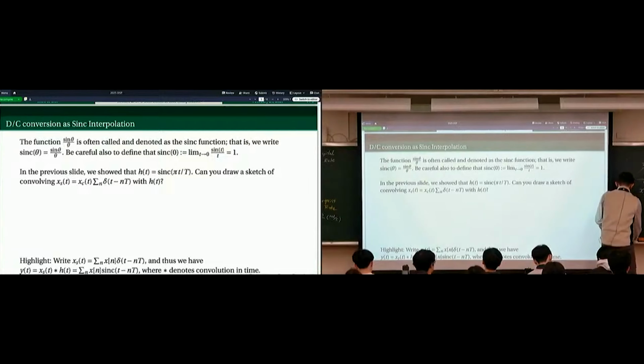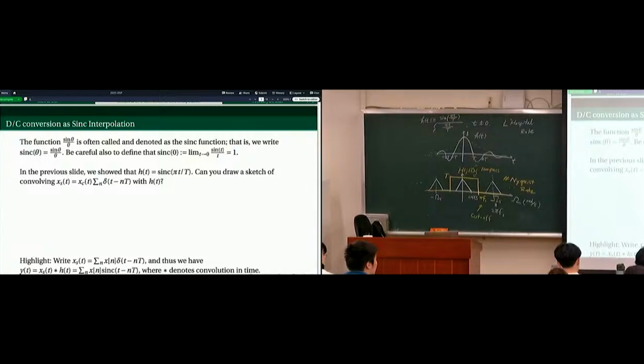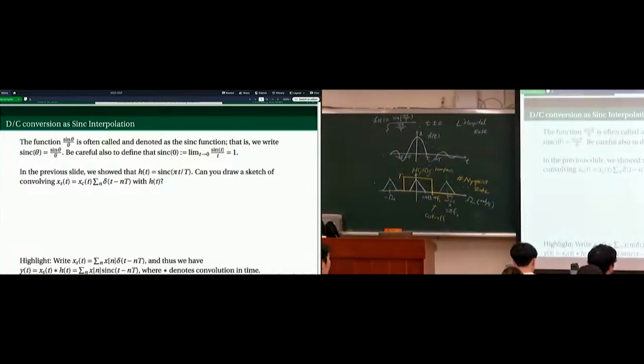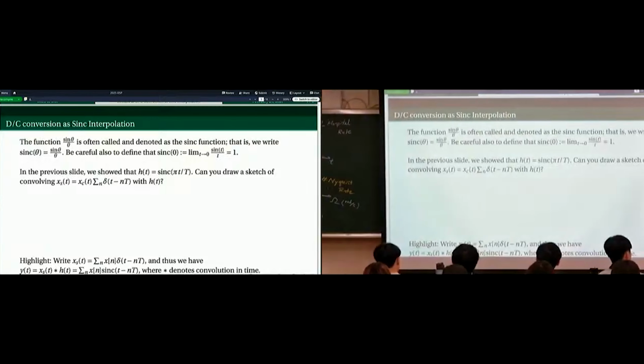All right, so let's consider the first spike right here. The height is x0. And we are going to put h of t with n equals 0 right there.